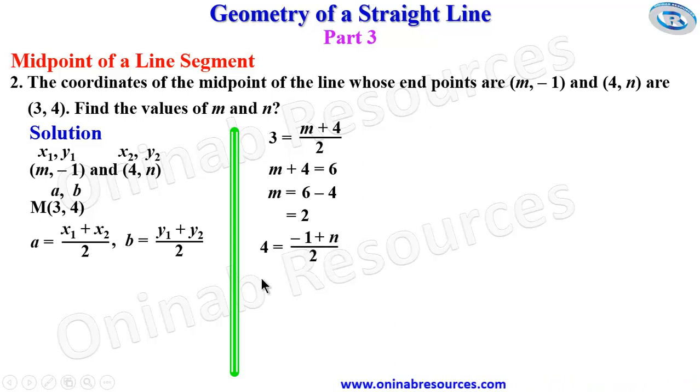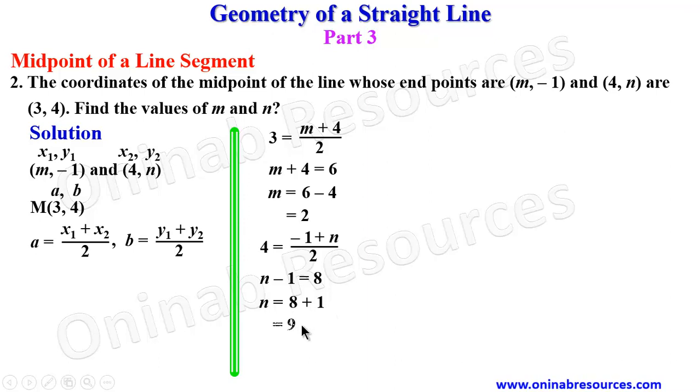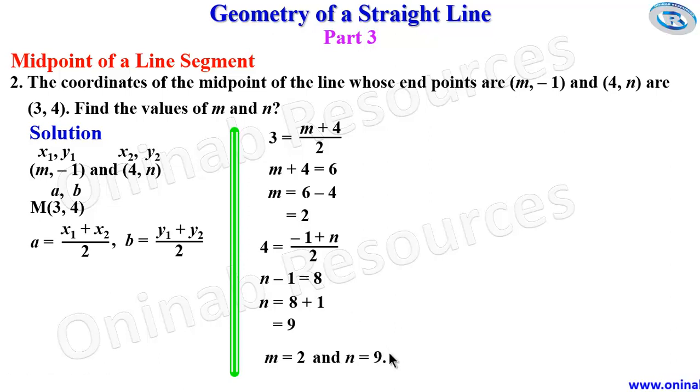Applying the cross multiplication rule, this can be written as n minus 1 is equal to 8. We take this -1 to the right hand side. We have n equal to 8 plus 1, and that gives 9. So the value of m is equal to 2 and that of n is equal to 9. And that's all for the solution of problem 2.